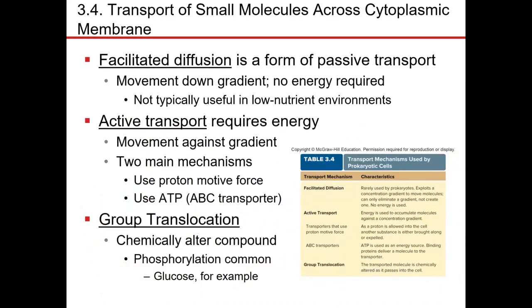Now, the different types of movements that we will encounter in bacterial cells, a lot of these are also common in eukaryotic cells.